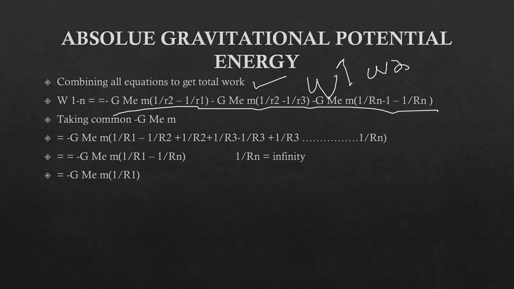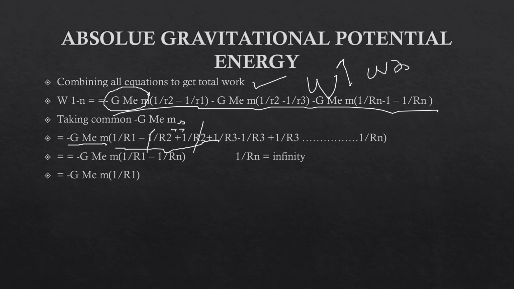Here we know that capital G, the mass of the earth and the mass of the body are constant, so we take them as common. Now this is all the equations left. Negative 1 upon R2 is cancelled by positive 1 upon R2. This becomes plus because minus into minus is equal to plus.